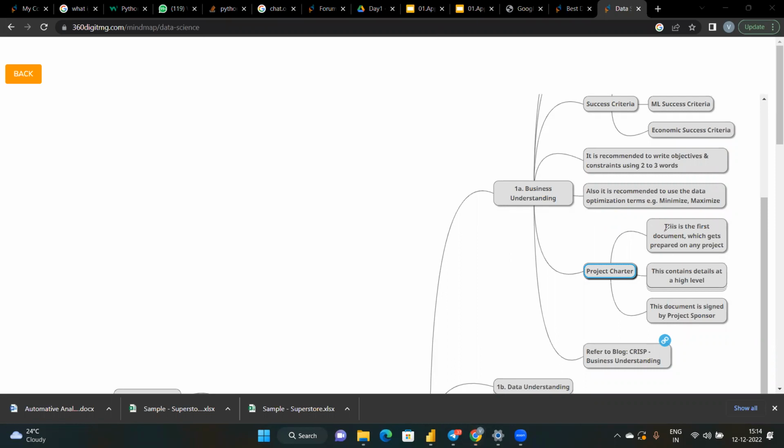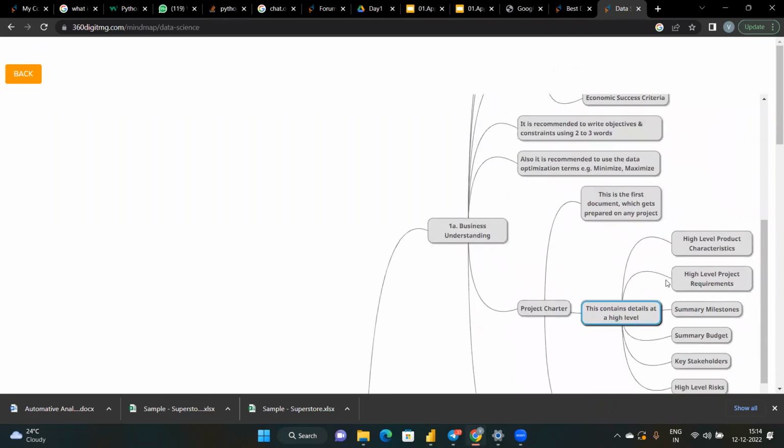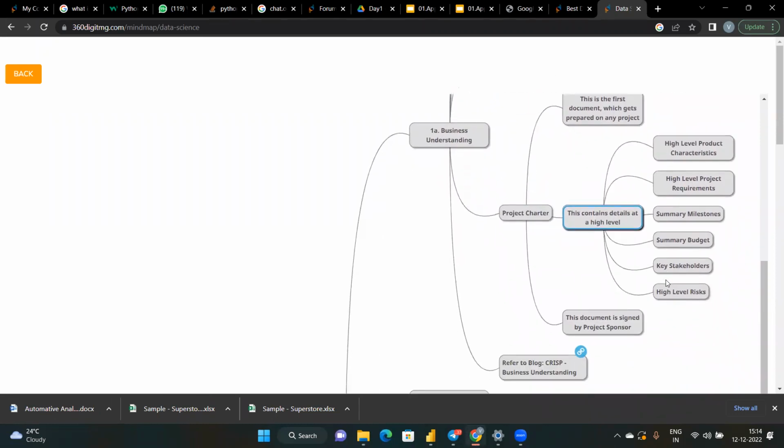Guys, this is the first document which gets prepared for any project. The project charter is the first document prepared for any project we're going to do. After that, it contains details at a high level.